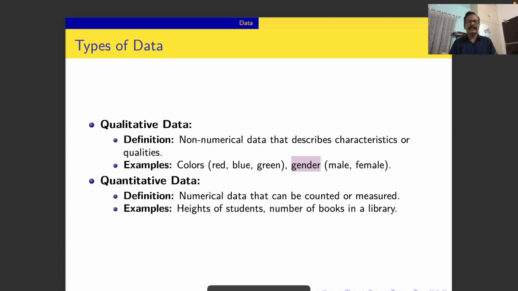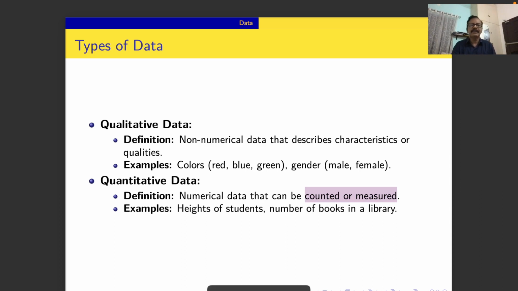Whereas quantitative data are numerical data that can be counted or measured.